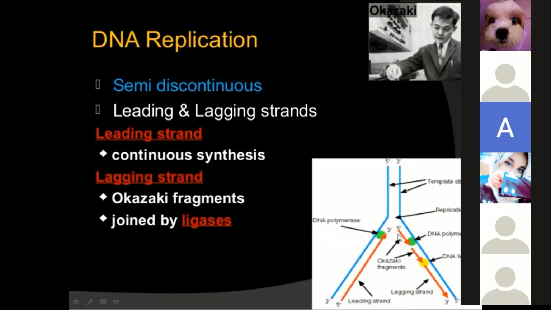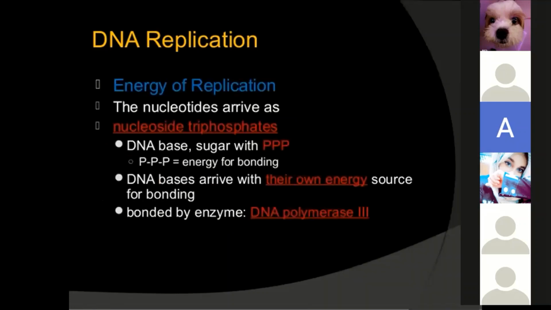Here you will find Okazaki fragments: synthesis takes place in fragments in the lagging strand, while for the leading strand there is direct continuous synthesis. These Okazaki fragments are later joined by DNA ligases, the enzyme responsible for ligation.